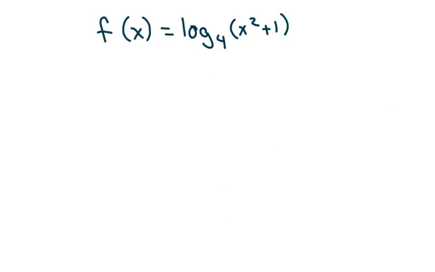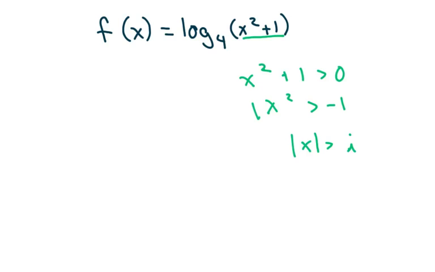The next one we have is this one. Now, if you notice on this one, if you set this to greater than 0, you're going to get x squared is greater than -1, which is going to give you, if you do absolute value, x is greater than i. Because if you square root both sides, you get plus or minus square root of -1.